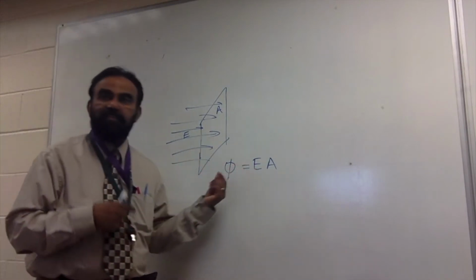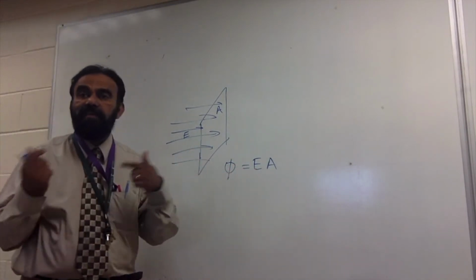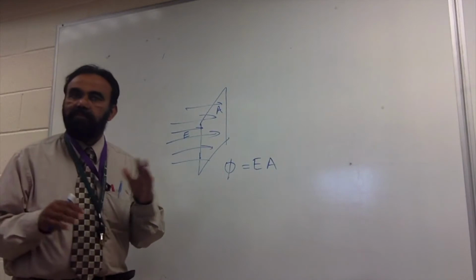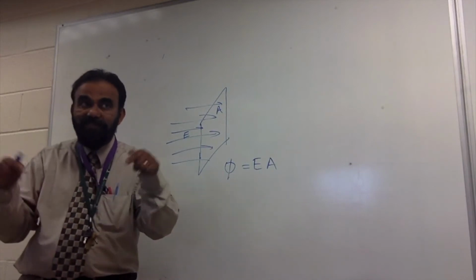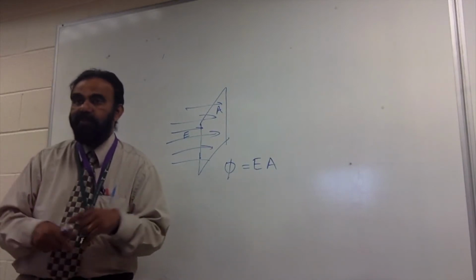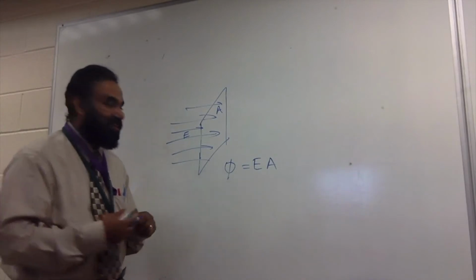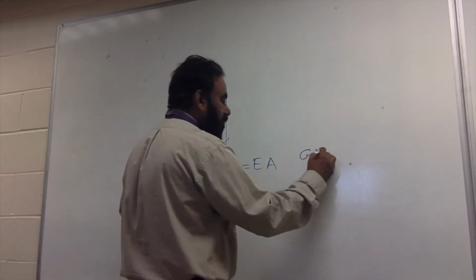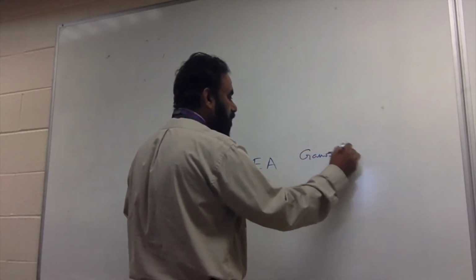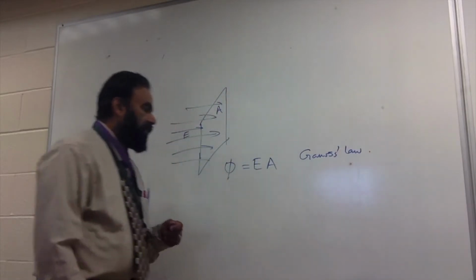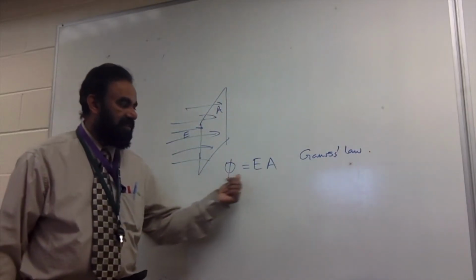You use the same symbol in magnetism as well later on, and we will talk about magnetic flux more. Electric flux is related to Gauss's law, and flux is equal to EA.